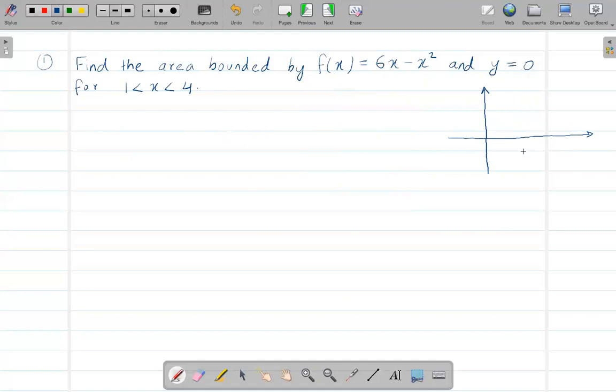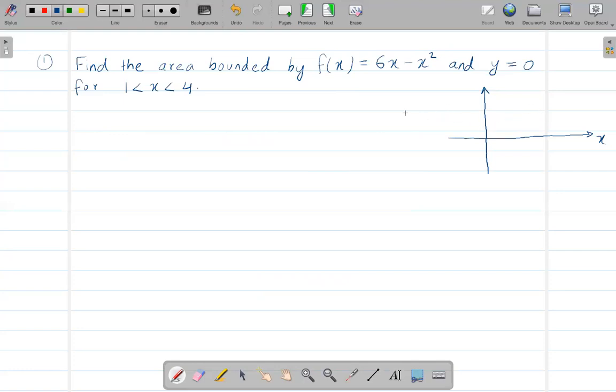Y equals 0 is actually the x-axis. Instead of saying x-axis, we can even say y equals 0, so both of these are the same thing. The reason is that if you pick any point on the x-axis, y is always 0. The x value will be different, but y is always 0. That's why this line is also called the y equals 0 line.